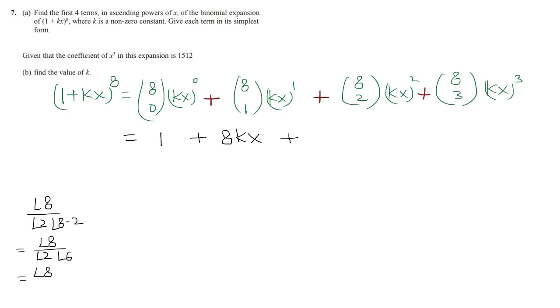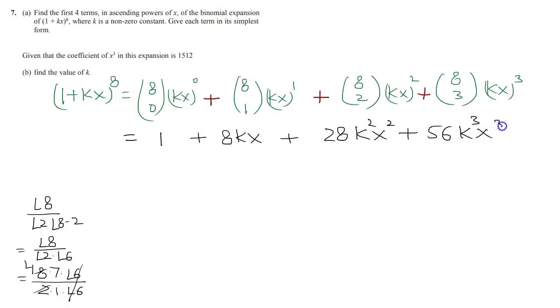Factorial 8 is 8 multiplied by 7 multiplied by factorial 6, over 2 multiplied by 1 factorial 6. This cancels, 7 times 4 is 28. So this is plus 28k squared x squared plus 8C3 will be 56k cubed x cubed. So that is the expansion in simplest form.